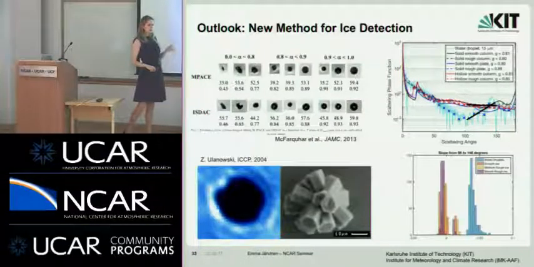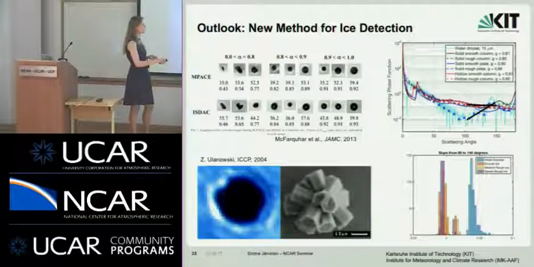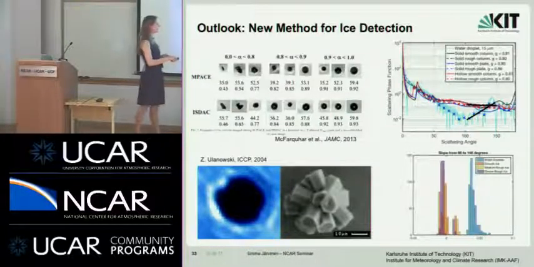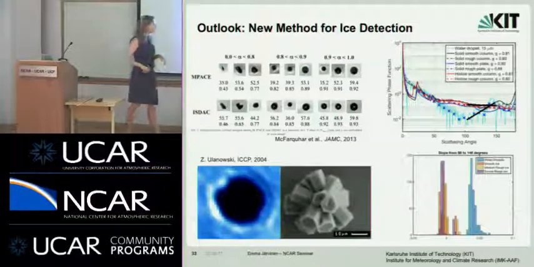I found the best method to do this is just to look at the rainbow angle, because even if we had an ice bow, it's at a slightly different angle than the rainbow. And to compare the slopes of the scattering phase function between, let's say, 98 and 146 degrees.